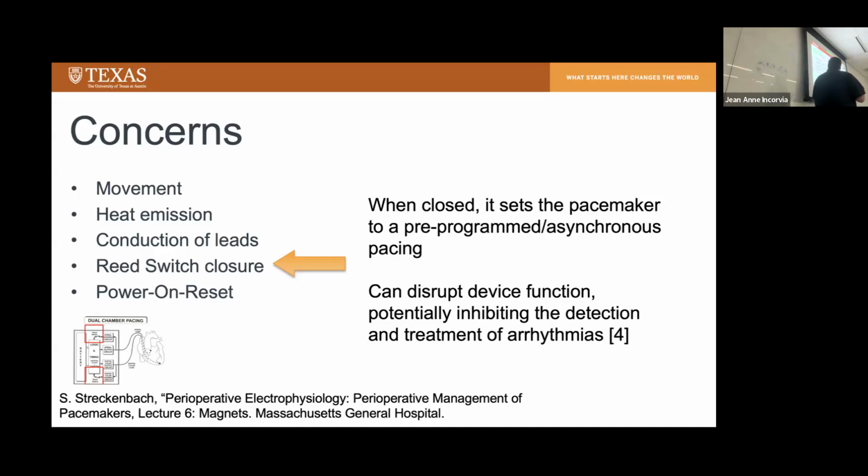So the MRI can basically alter the fact that the reed switch could be closed, could be opened, but it could close it automatically, setting it to the pre-programmed asynchronous pacing. This is while the patient is under the MRI, which is really bad. So it can disrupt the device function and essentially inhibit the detection and treatment of the arrhythmias.